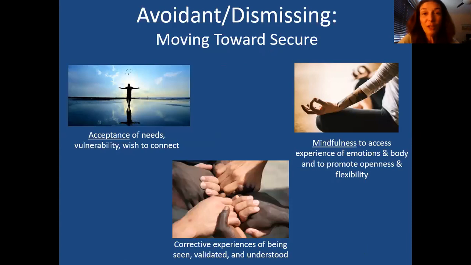Okay, so you're avoiding dismissing. What are some tips for moving towards secure attachment? Okay, well, we'll go over a few, okay? One, in the past, your needs and vulnerability and wish to connect were all invalidated by your parents, right? And that was a painful experience.